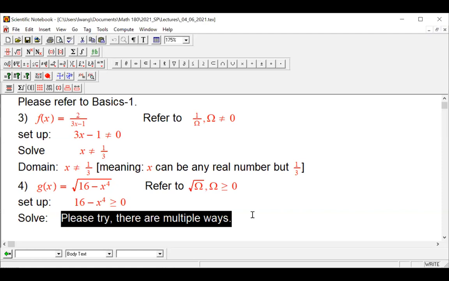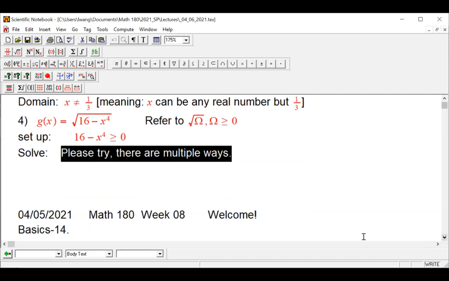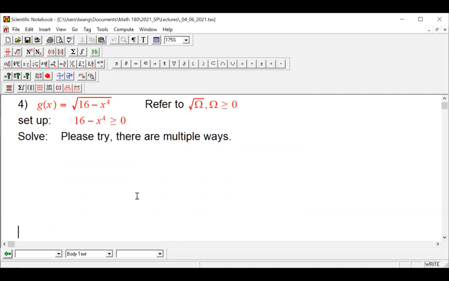You said, would it be x greater than or equal to plus minus 2? Anybody want to show your work? This is something I think you probably know how to do, and there are many different ways to do it. I'm going to copy and paste this posting.